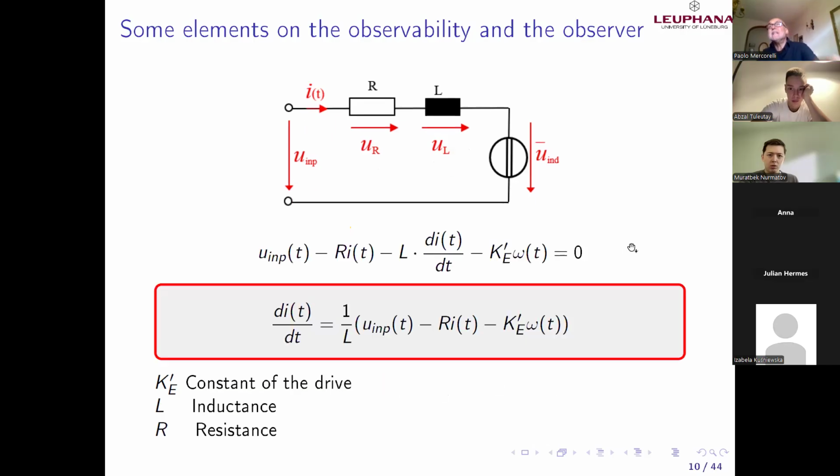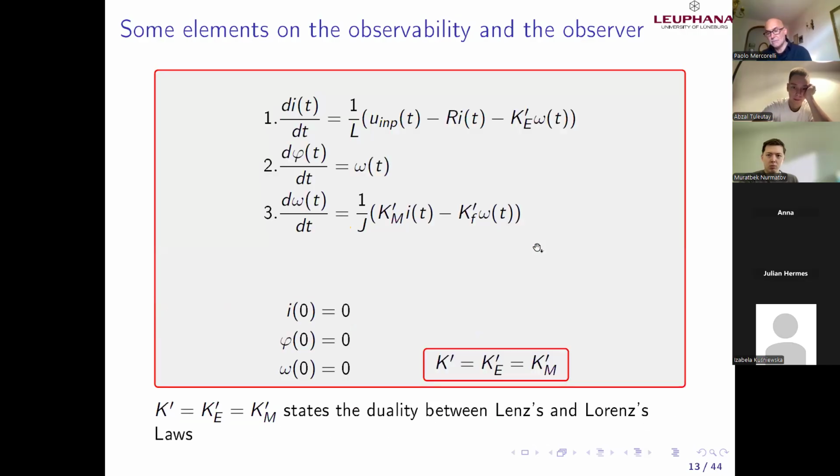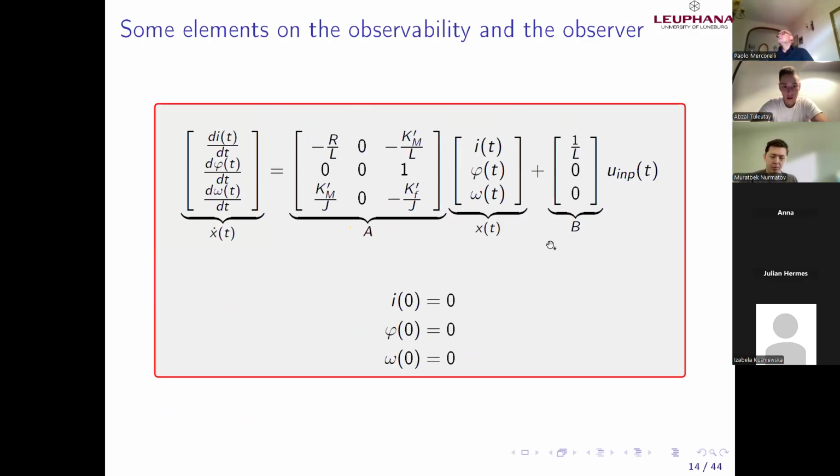And then, going in depth into the physical aspects, I can build these 3 equations which we need to build an observer. But if I want to build a quantitative observer using the computer, typically we use matrices and vectors.